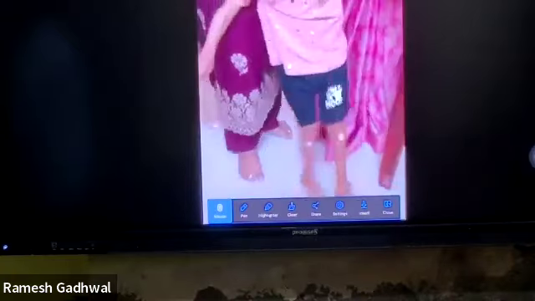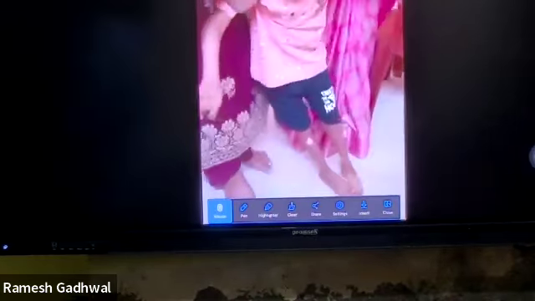Then which muscle is this? So see, you see, the left psoas muscle is working, but the right psoas muscle is tight.